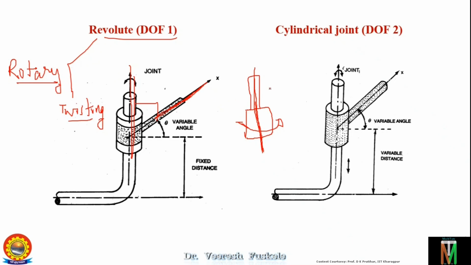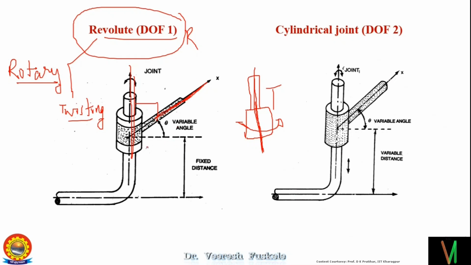Then this will be twisting. This is represented by T and this is represented by R. A little bit of difference is there, but more or less now we use the word revolute only. I just wanted to tell you what the difference is. The difference is of this angle. If both the axes are the same, then it will be twisting, and if the axes are perpendicular, then it will be a revolute joint.